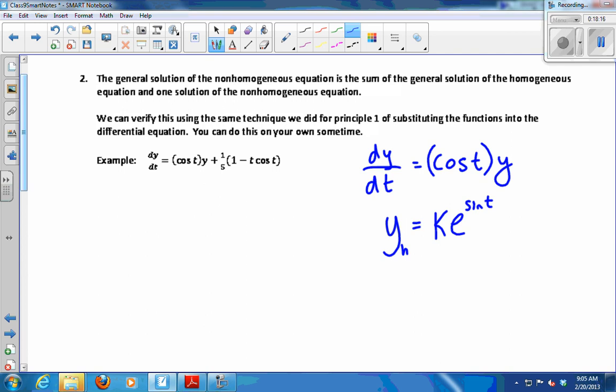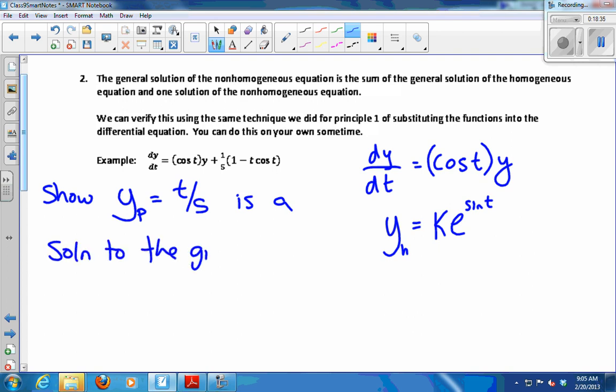I'm going to give it to you for now. I just want you to show that y sub p, for particular, equals t over 5 is a solution to the given ODE.